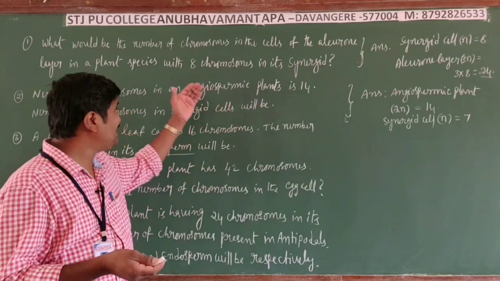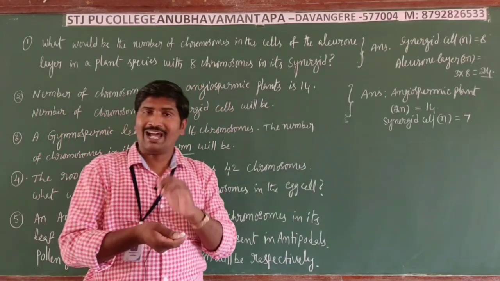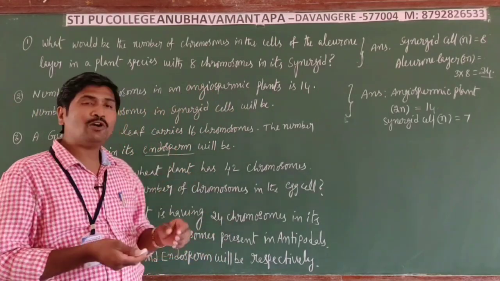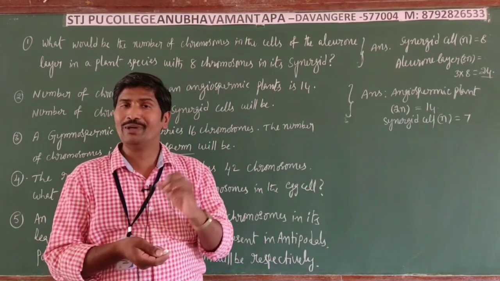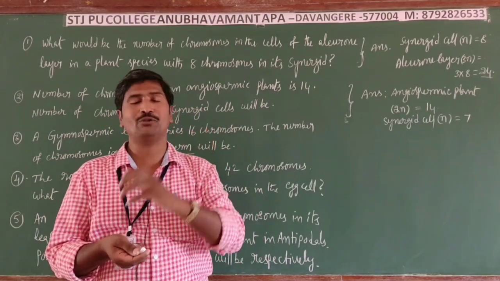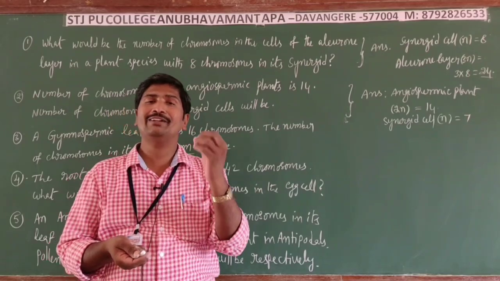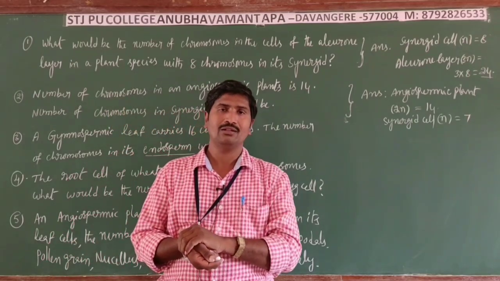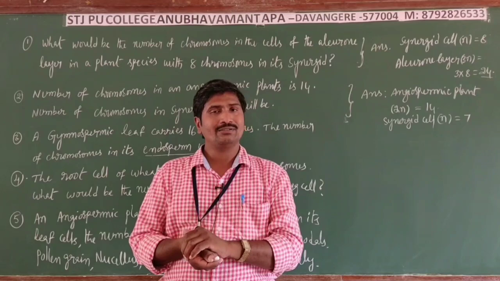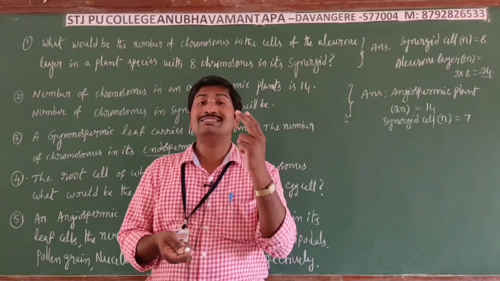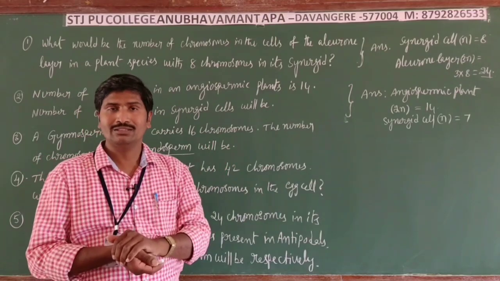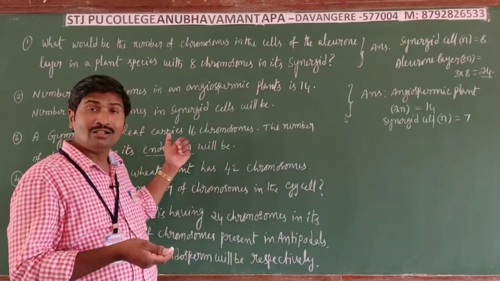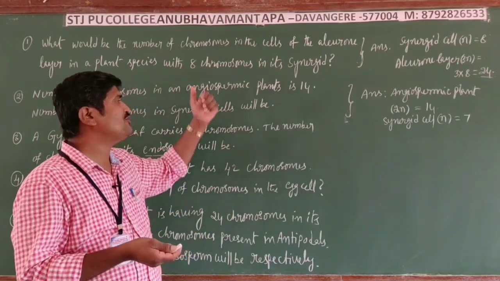What about in angiospermic plants? In angiospermic plants, the endosperm is a triple fusion product: the fusion of a male gamete with two polar nuclei, that is the secondary nucleus. A total of 3 nuclei fuse in triple fusion. That's why it is a triple fusion product in angiosperms.